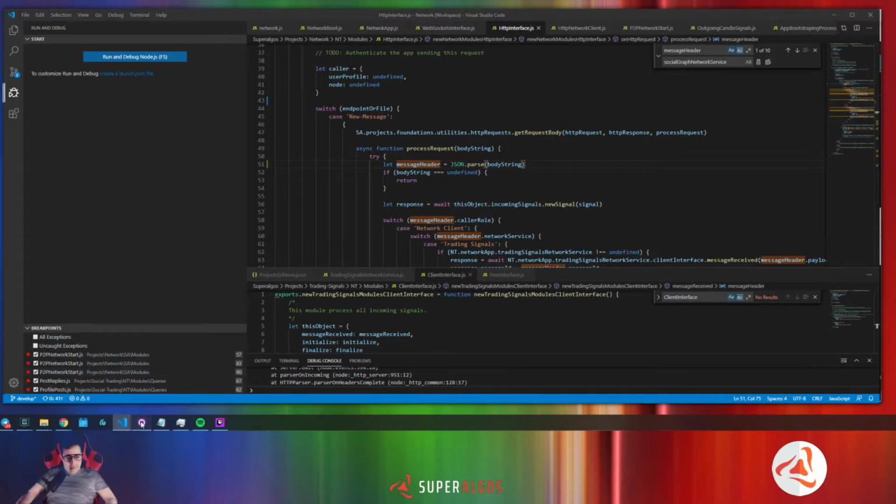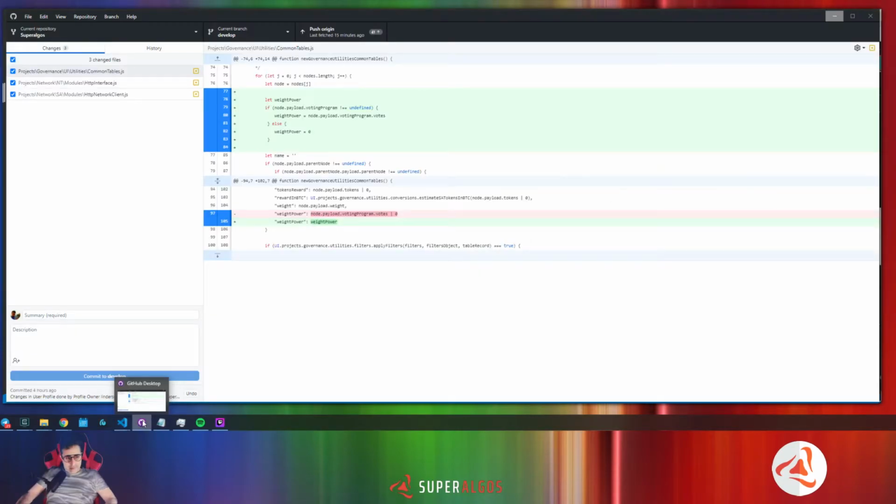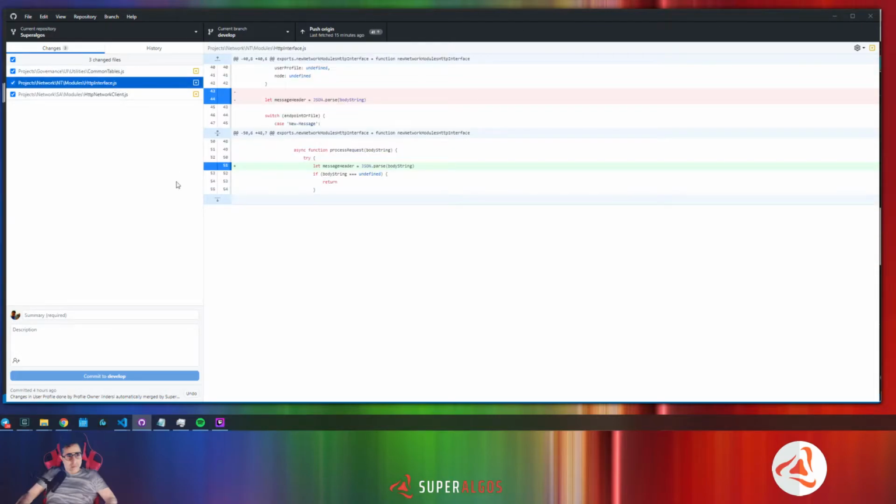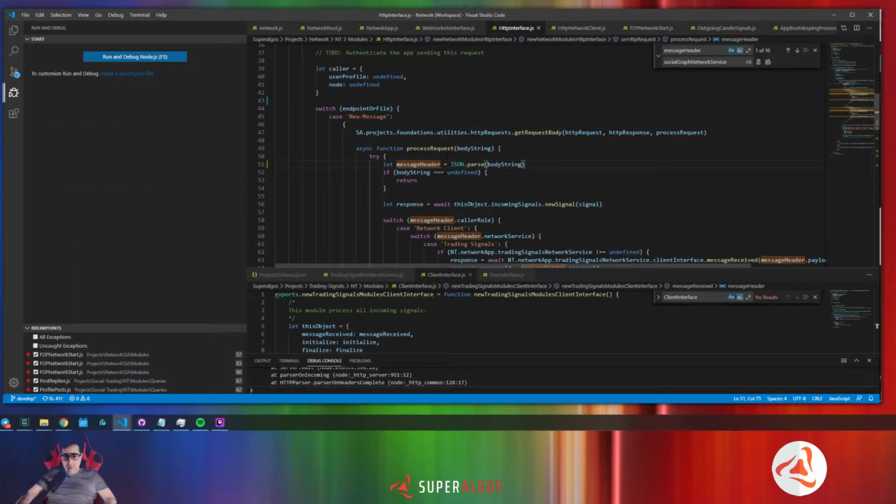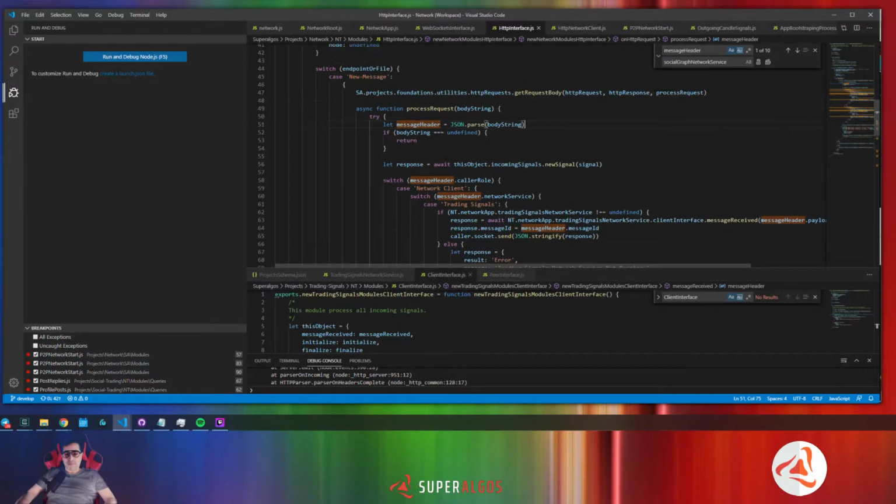I'm going to commit these changes. Okay, so now we run our node again.